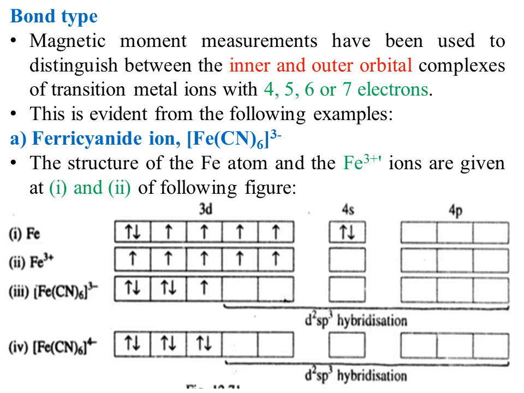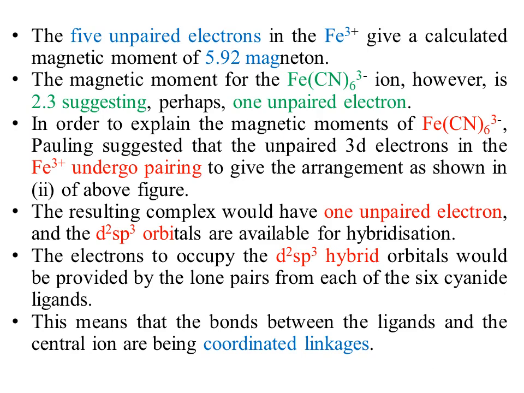So in this case, the mode of hybridization will be written as d2sp3 hybridization, and 6 cyanide ligands will donate pair of electrons to form coordinate covalent bond between iron and cyanide. The 5 unpaired electrons in iron plus 3 ion give a calculated magnetic moment of 5.92 Bohr magnetons. The magnetic moment for hexacyanoferrate ion, however, is 2.3, suggesting perhaps there is only one unpaired electron.